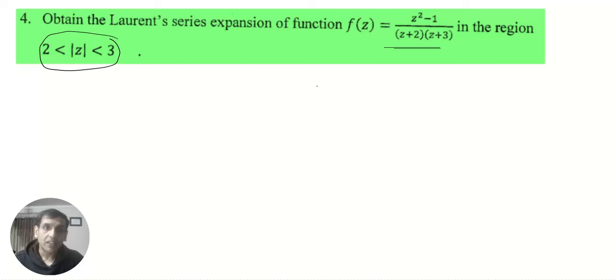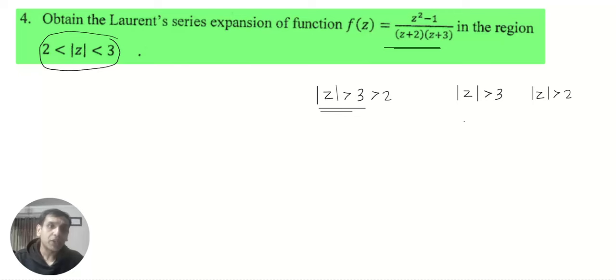For example, if they give you mod z is greater than 3, then you should automatically understand 3 is a number greater than 2. And you'll create two inequations, mod z greater than 3 and mod z greater than 2.